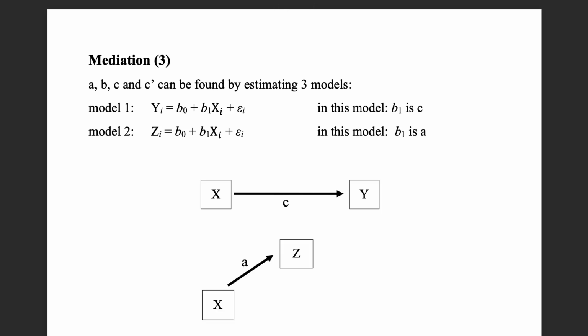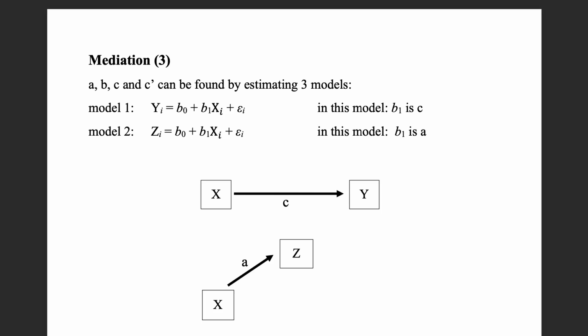The second thing we need to do is find out what the effect of X on Z is. So we need to find a coefficient that represents the A path. And for that, we're actually going to change what variable we are taking as the dependent variable. So rather than using the dependent variable that we are actually interested in, we're going to use the mediator as a dependent variable, so the Z variable.